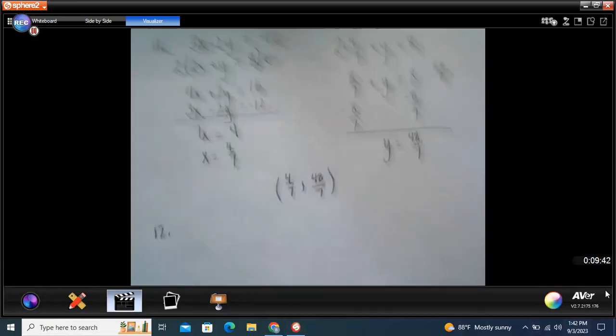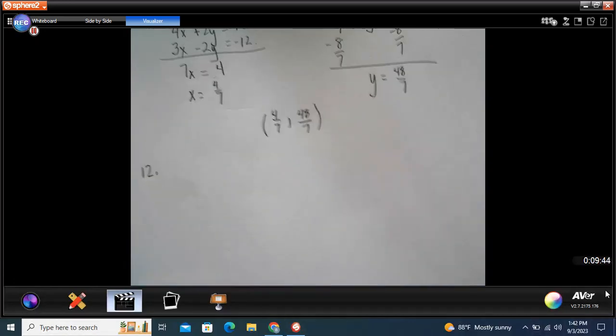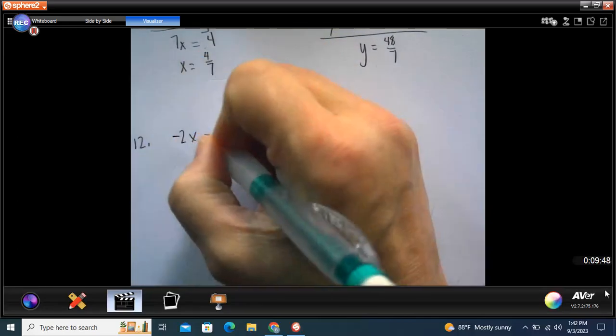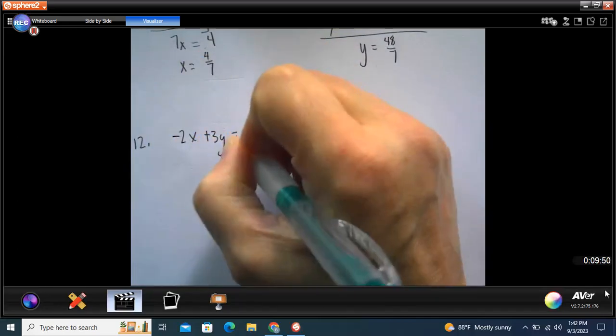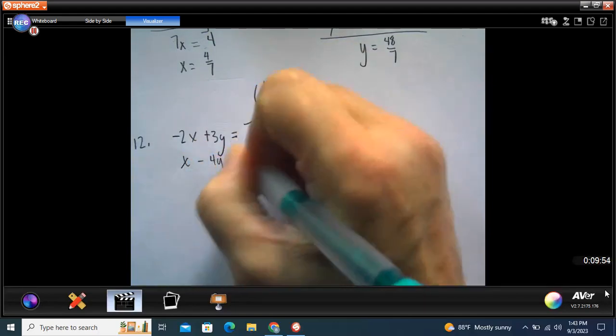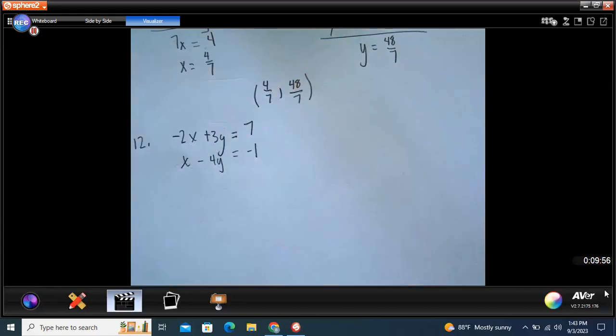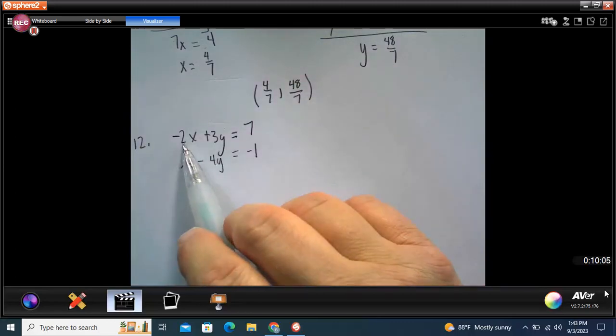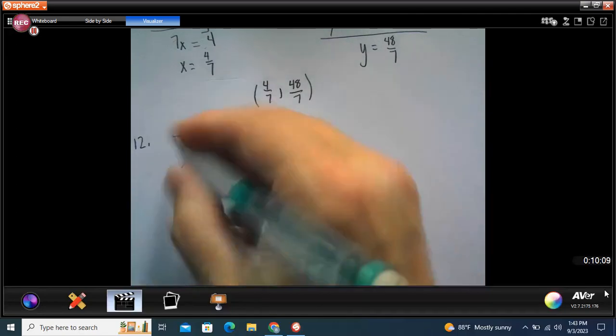Doing the same thing for number 12. -2x plus 3y equals 7, and x minus 4y equals -1. Well, fortunately, I gave you a problem where there is a variable with a coefficient of 1. So I look above and this has -2, which means I need a +2 down here.